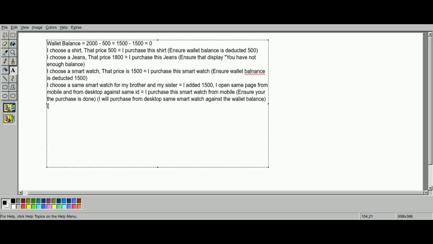What will we actually see? Ensure that you have not enough balance. Understand?